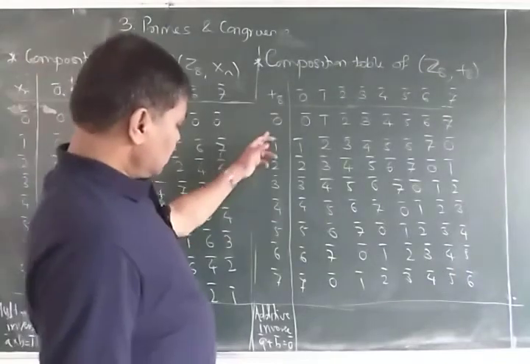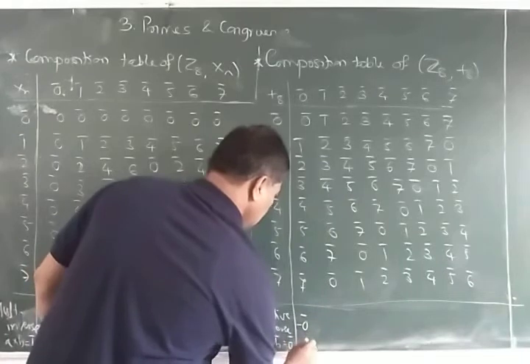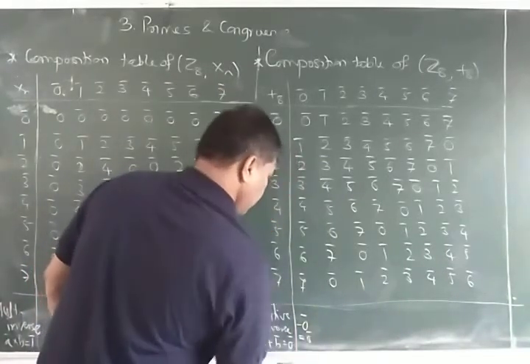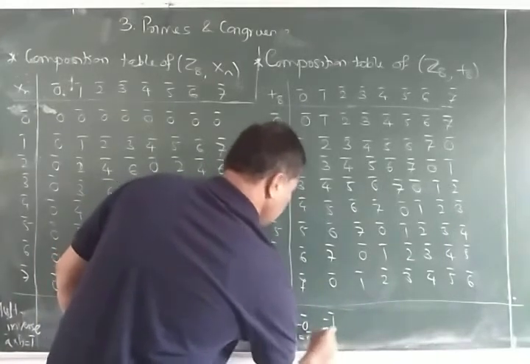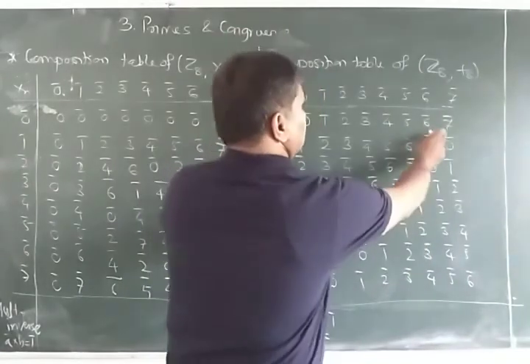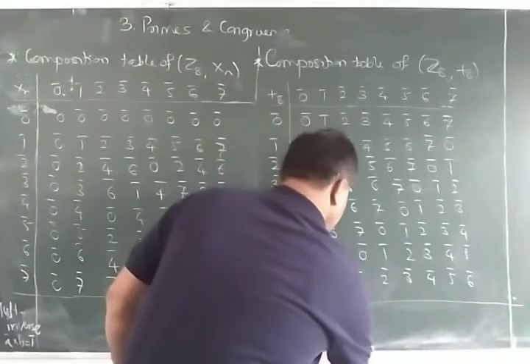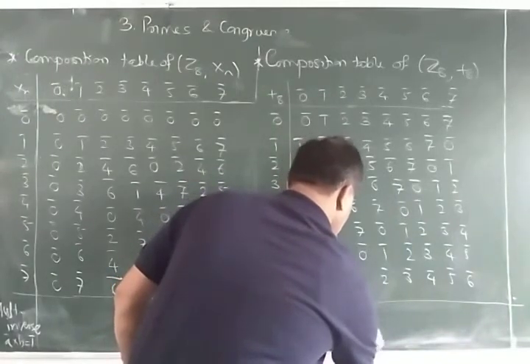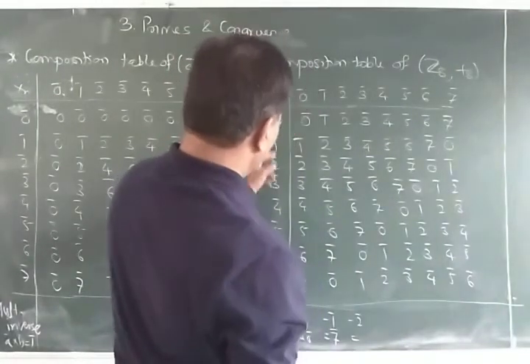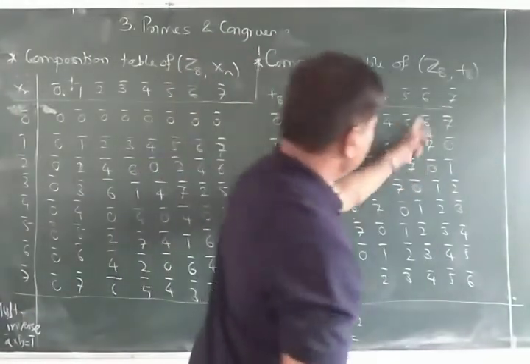So what is minus 0 bar? Minus 0 bar is equal to 0 bar. Minus 1 bar is equal to 7 bar. Minus 2 bar is equal to 6 bar.